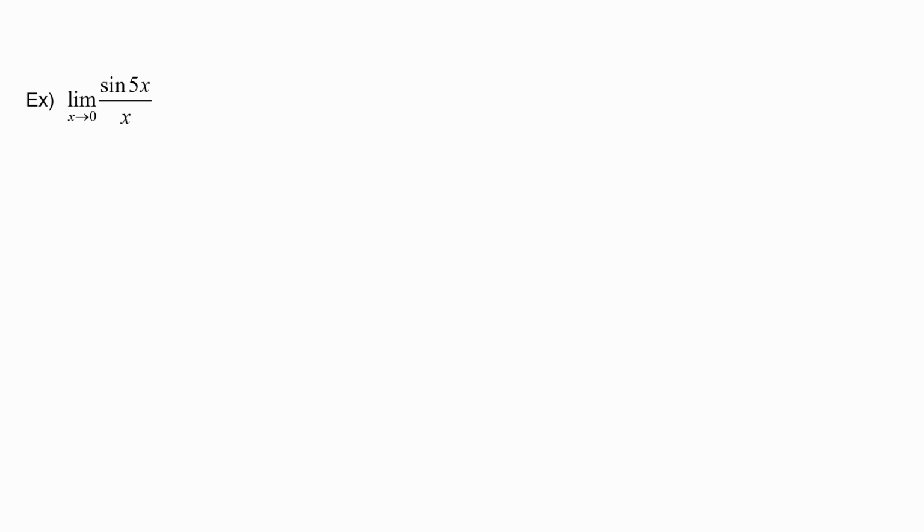In this example, we have to evaluate the limit as x goes to 0 of sine 5x over x. Now, in order to use the special limit that we just learned about, we need the argument of the trig function, the denominator, and the variable of the limit all to match each other exactly.